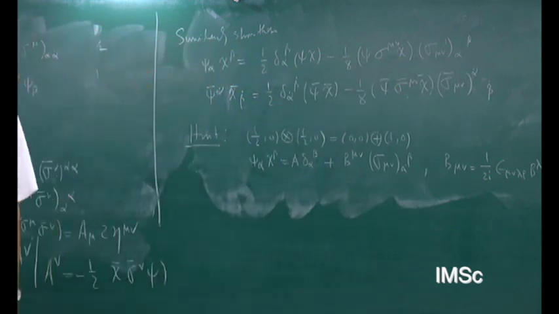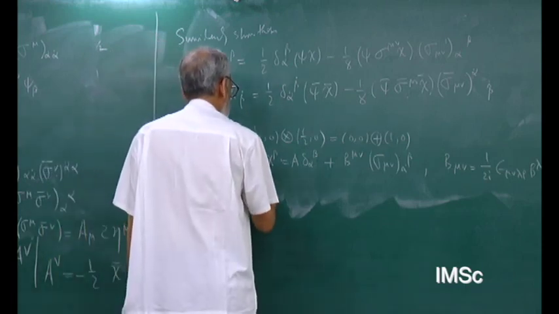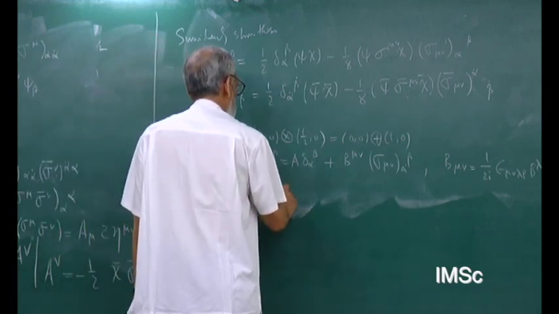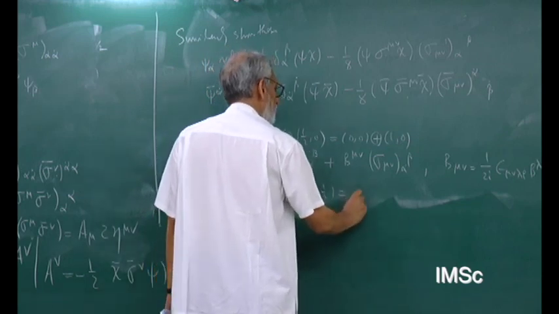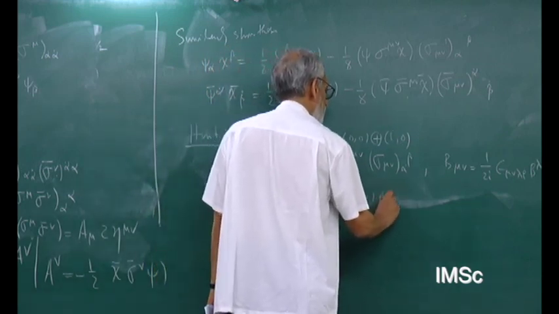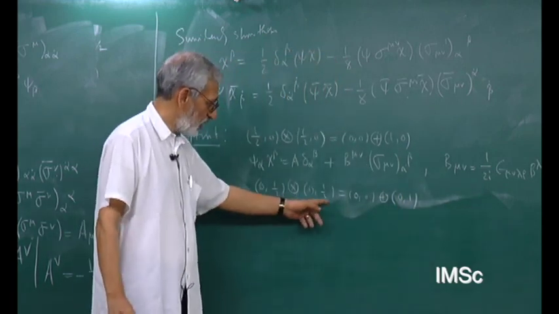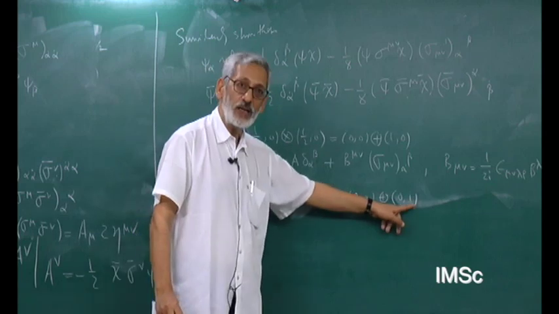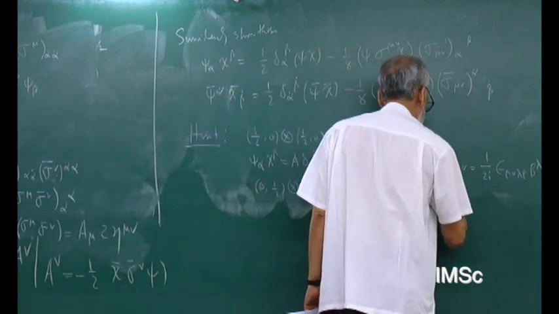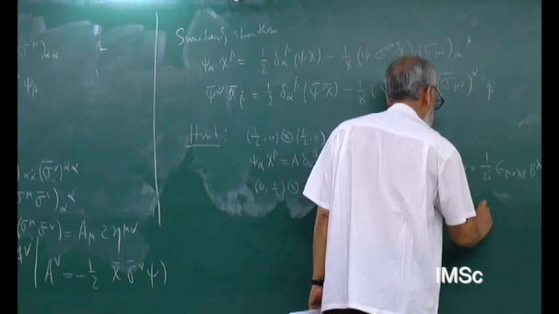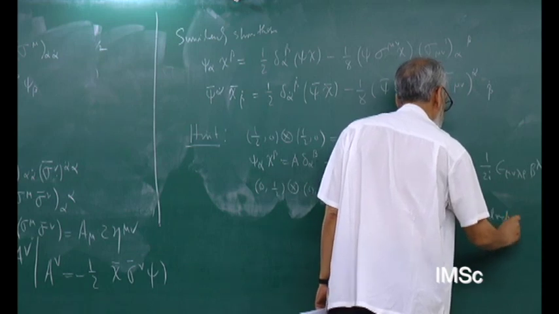Okay? And for the second one, we have the rule that the product of 0 half and 0 half representation is 0 0 plus 0 1. This is anti-self-dual representation.